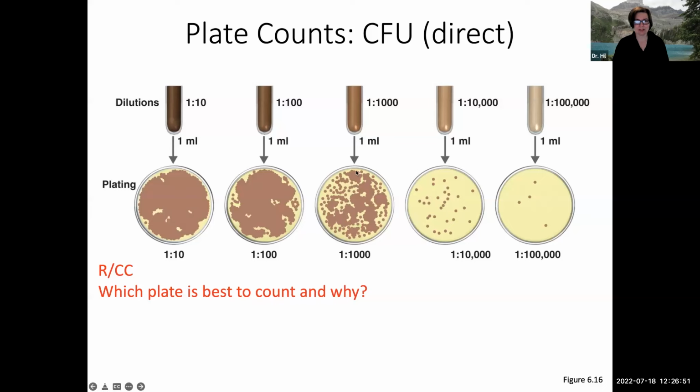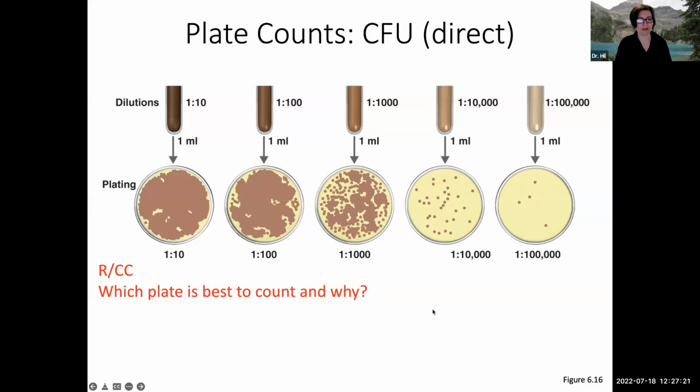Every time you do this dilution and you put some cells on a plate, do you think you get the same exact number every time? No. Right? There's going to be a little bit of variation because the cells are all floating around, and by chance you might get a few more cells here versus that other sample. The more dilute it is, the more those small changes make a big difference in the final answer. So you're going to get a more accurate answer the more you actually have.